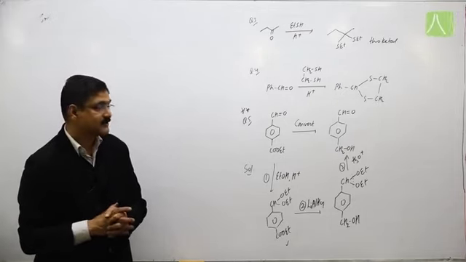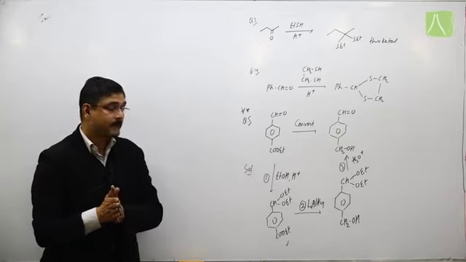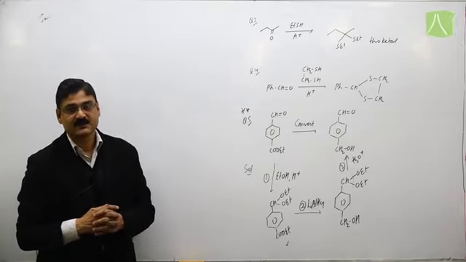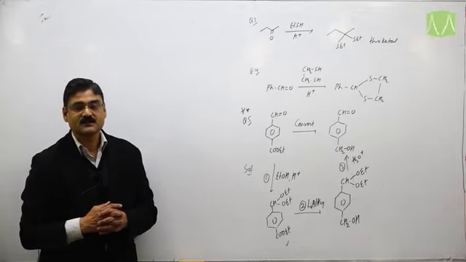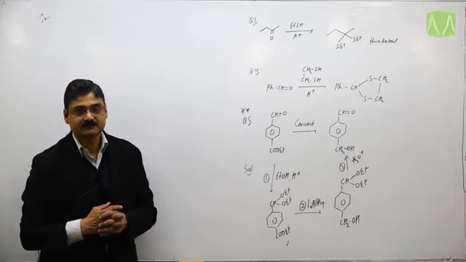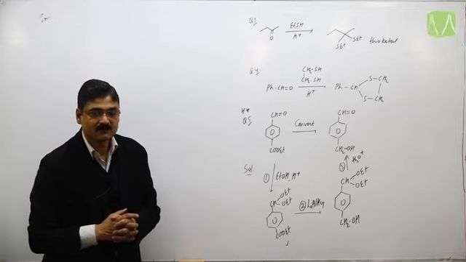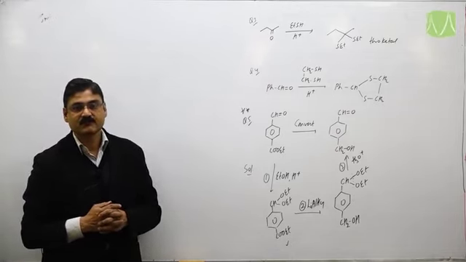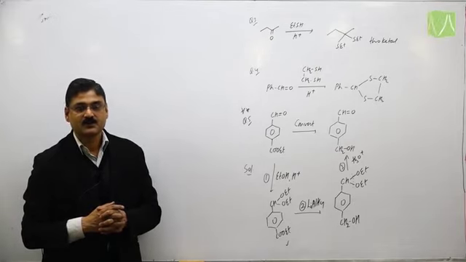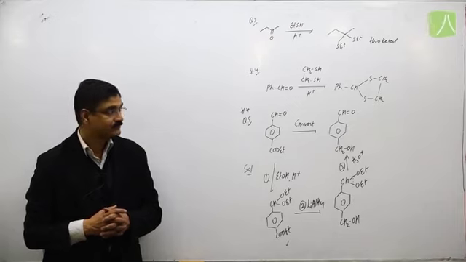Due to both reasons, ketones are less reactive. Now examples. First, addition of cyanide, addition of HCN. The product is cyanohydrin. CN adds to the carbon and hydrogen adds to the oxygen atom. Second, addition of Grignard reagent. The product is 1 degree, 2 degree and 3 degree alcohol.